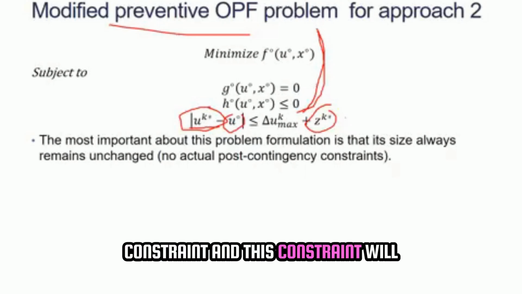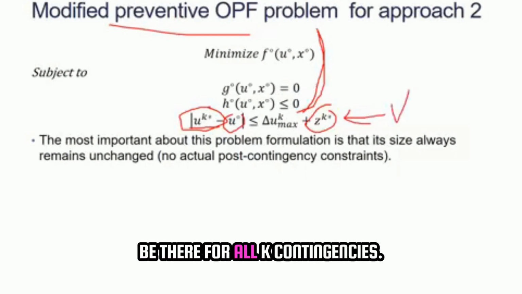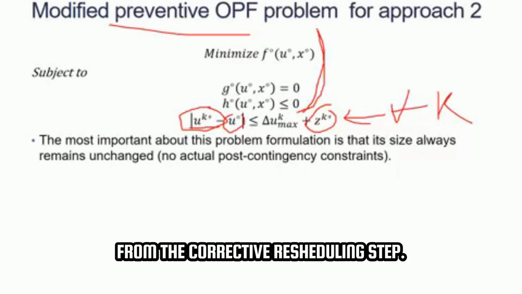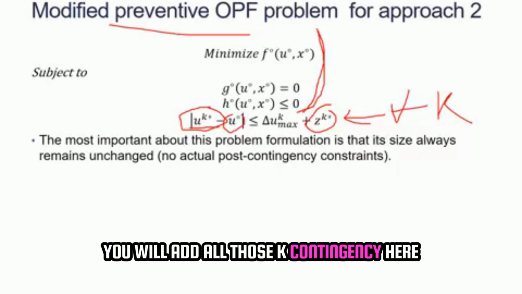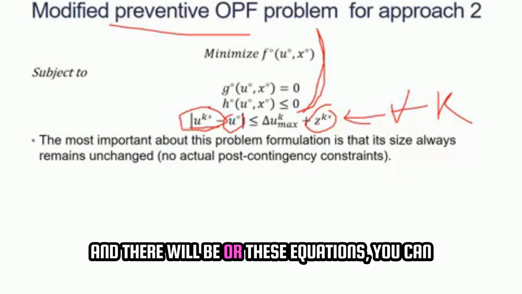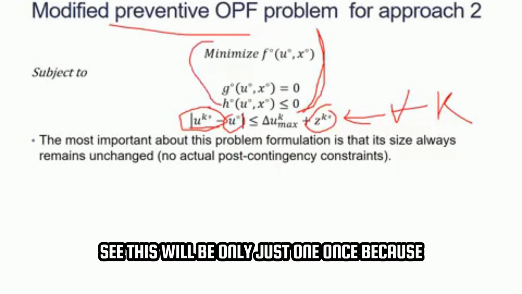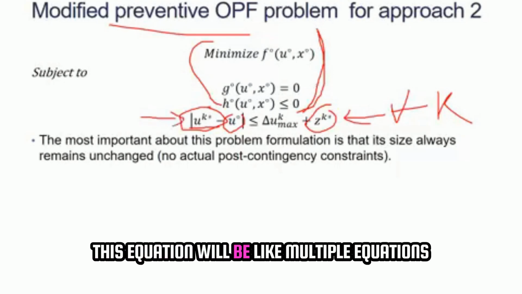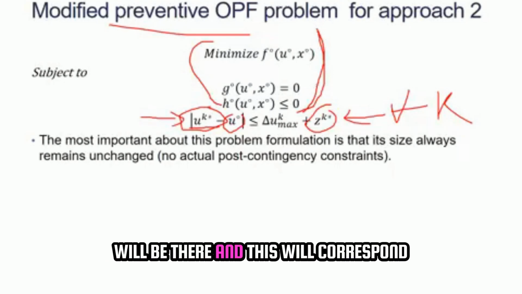Based on this constraint, which will be there for all K contingencies, all the critical contingencies coming from the corrective rescheduling step, you will add all those K contingencies here. These equations you can see will be there just once, because they are only for the base case. This equation will be multiple equations, corresponding to all the critical contingencies which are not solved in the corrective step.